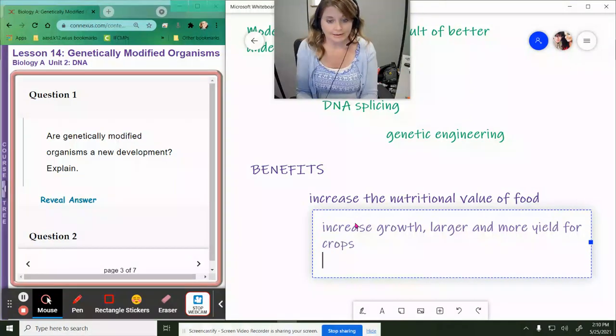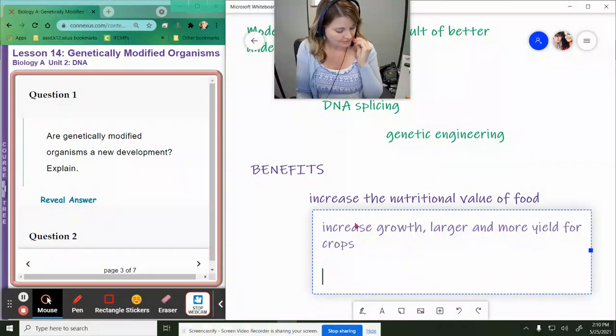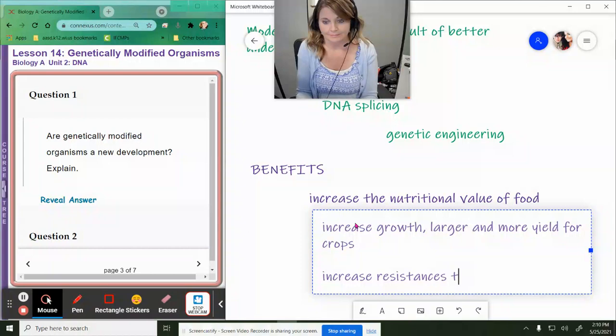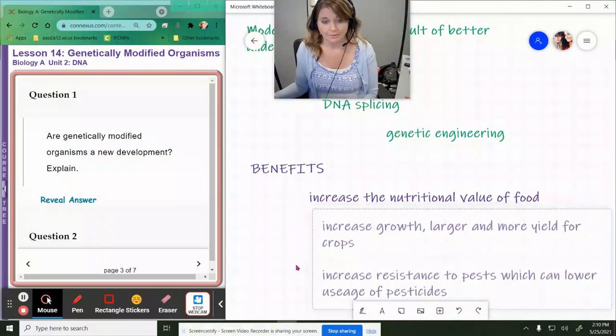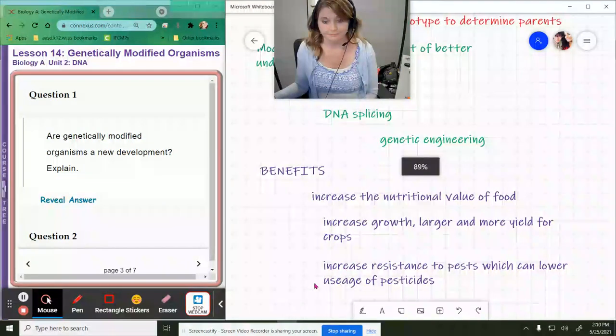And it can increase resistance to pests, which can lower usage of pesticides. So some pretty good benefits here.